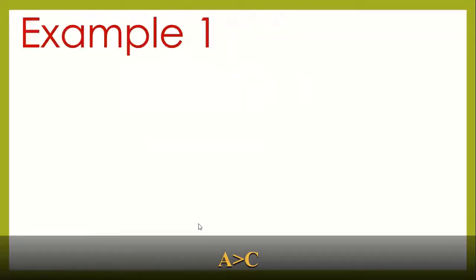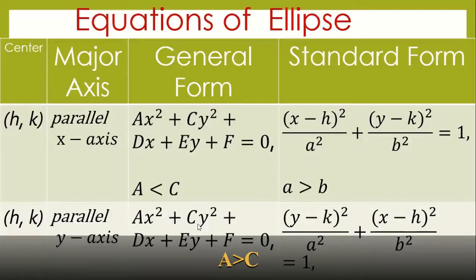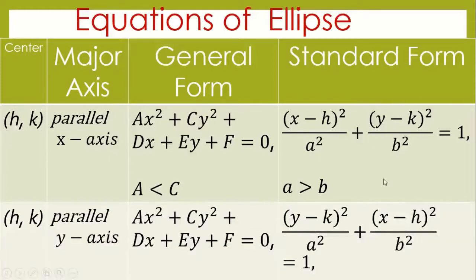Okay? And for the standard equation ng ating ellipse, we have the square of (y minus k) over a squared plus the square of (x minus h) over b squared equals 1. So, nag-interchange din lang yung ating numerators here, pero yung denominators niya, parehas pa rin. Okay? So, pag ganito ang ating equation, ang graph niya, yung ellipse natin vertical, and our major axis is parallel to the y-axis.